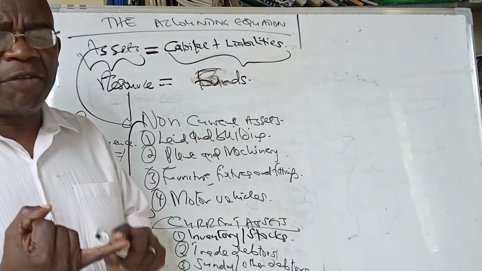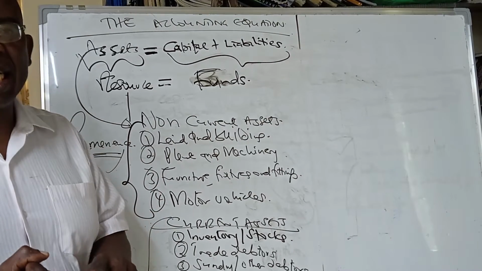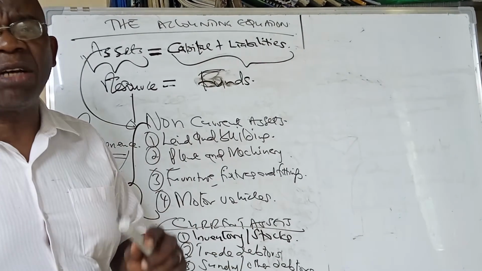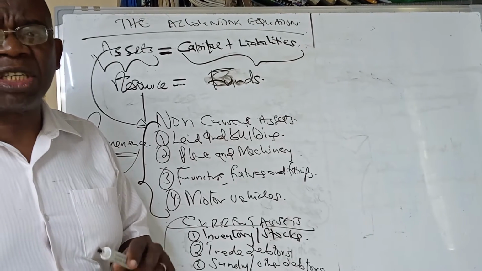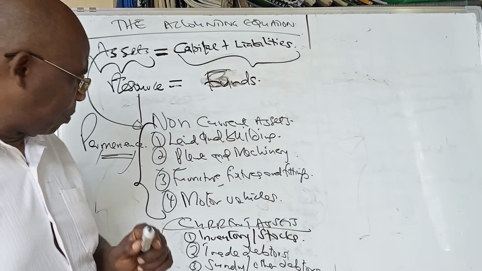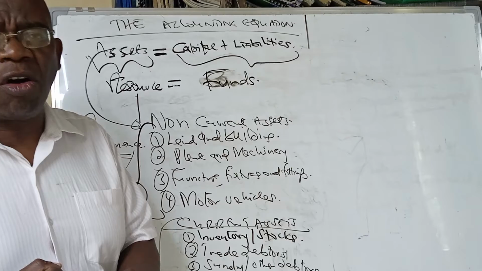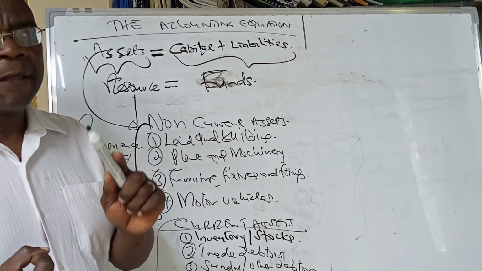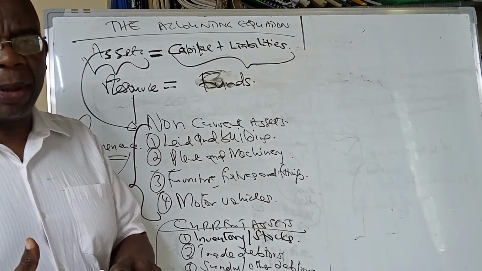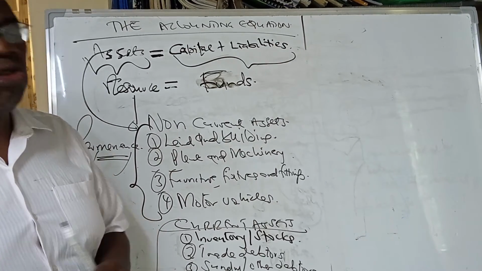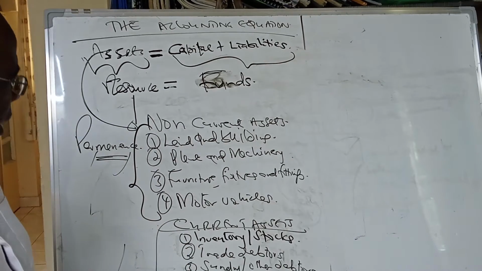We start with inventory, we go to trade debtors, also called accounts receivable, then sundry or other debtors, then prepayments, then bank, then cash. You will be required to maintain them that way.